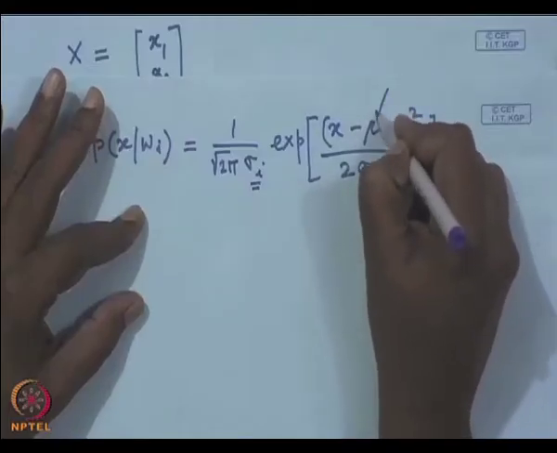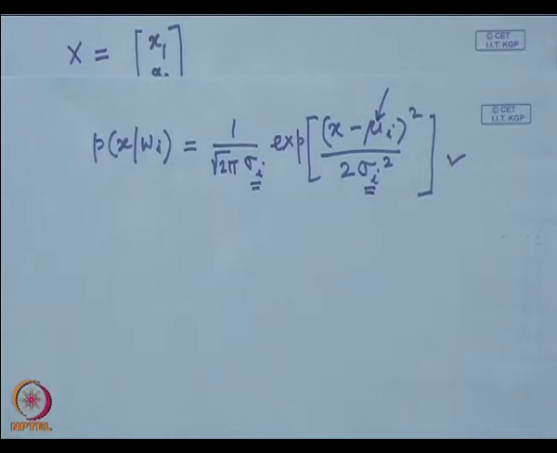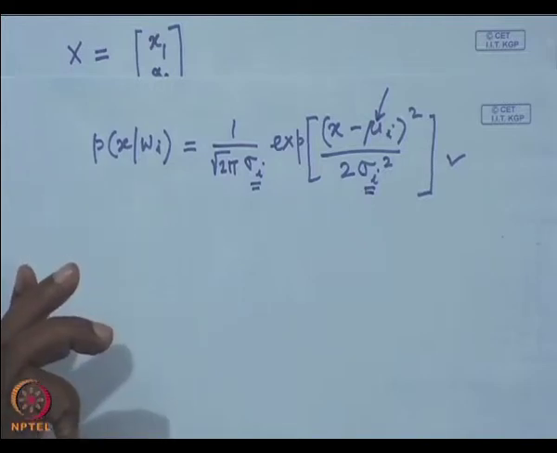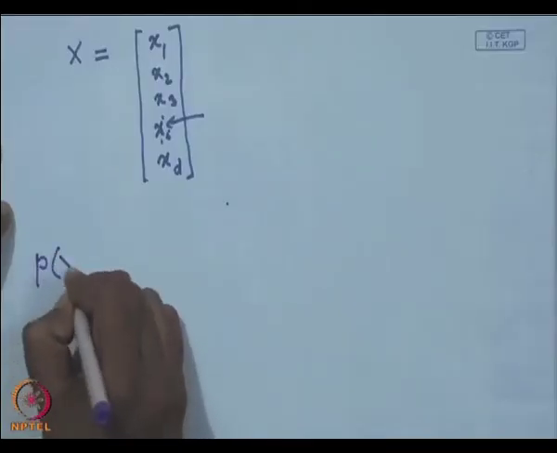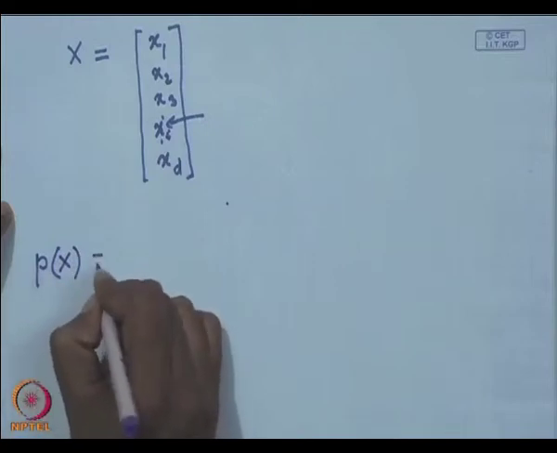Similarly, this mu I, instead of being a scalar value, will now be a vector value, because it has to capture the mean of component x 1, the mean of component x 2, the mean of component x 3 and so on. So, this mu I will again be a vector, which is the mean vector of the samples taken from class omega I.